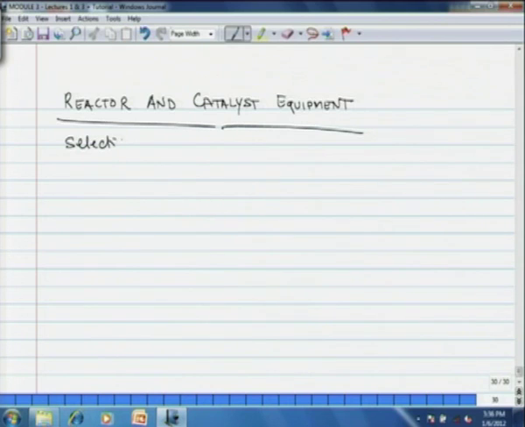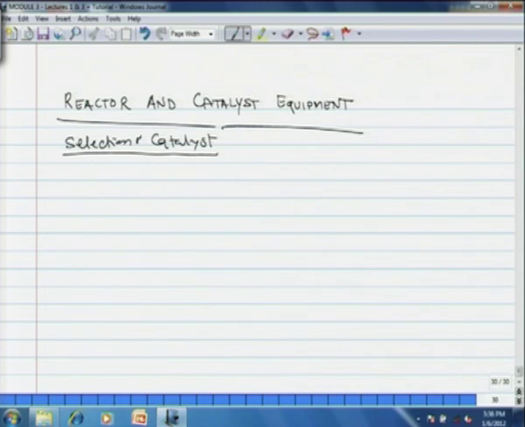Those things we are going to see in greater detail later in this module. But before that, we just see what are the factors that determine the selection of the catalyst. One major factor is the reactant conversion achieved with the catalyst, and then the product distribution that the catalyst gives. At what conditions the reaction occurs is also an important factor. So, all these factors we list.